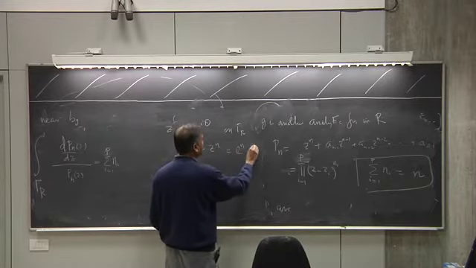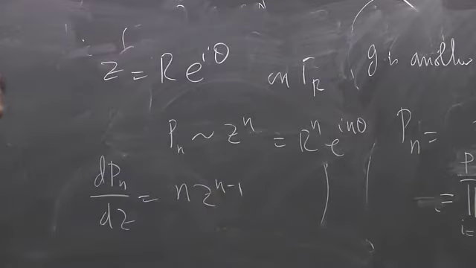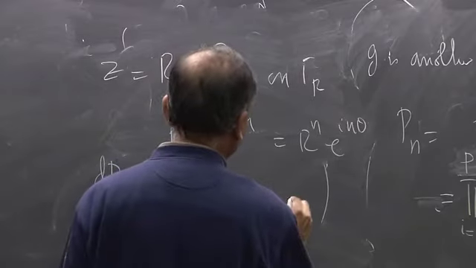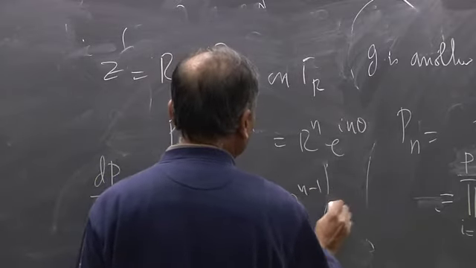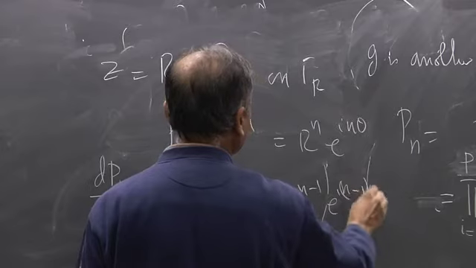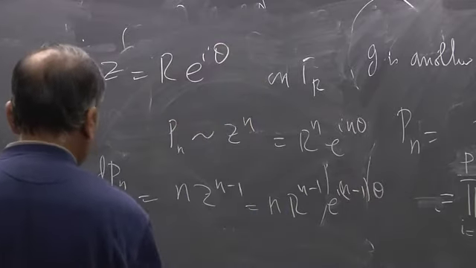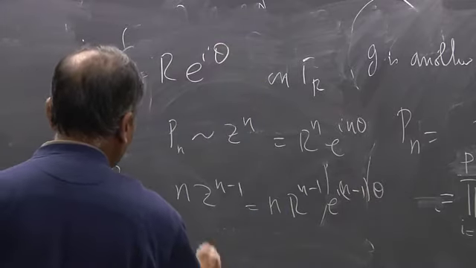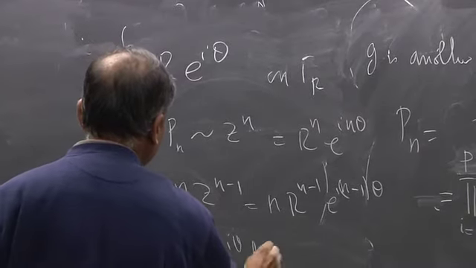And what is dPn over dz? Simply take the derivative, n z to the n minus 1 for large r, which is n times r to the n minus 1 e to the i n minus 1 theta. And finally, dz, of course, is as usual i r e to the i theta d theta.